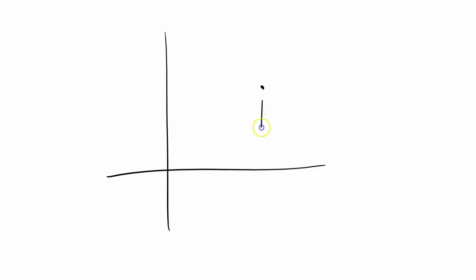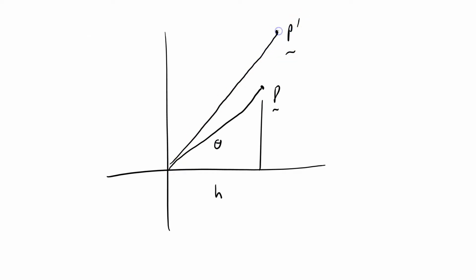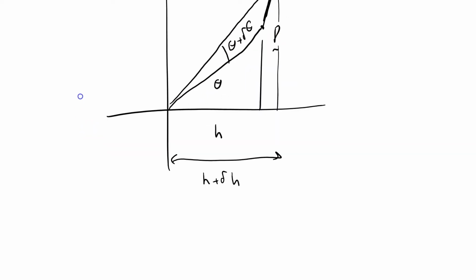This is point P, which is h and theta, and here's a point P dash, which is h plus delta h, and of course theta plus delta theta. So I need to work out that distance squared. So d squared equals what?